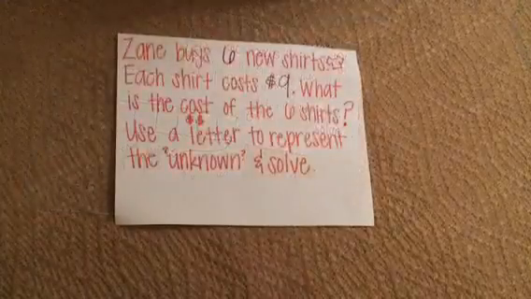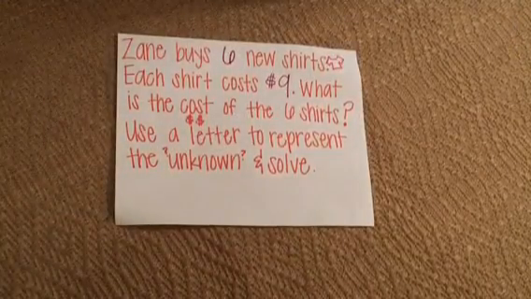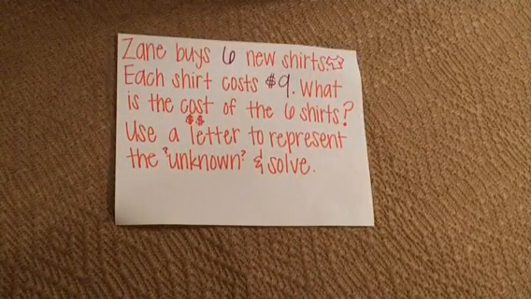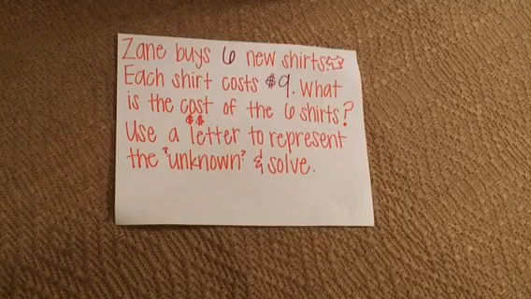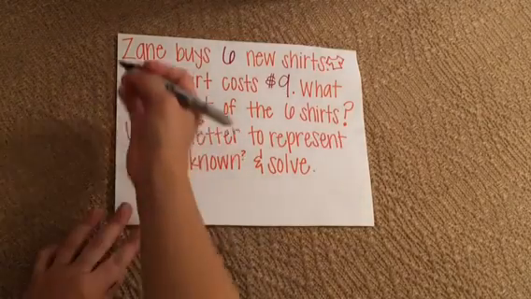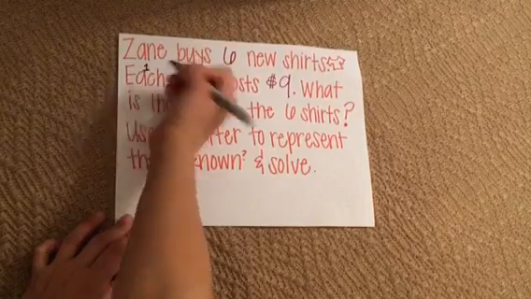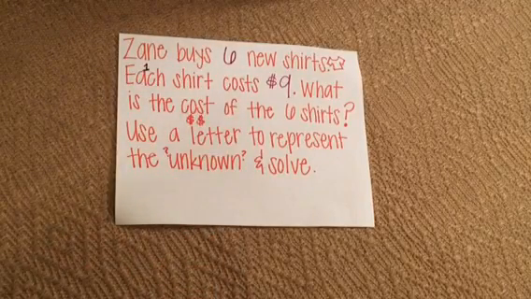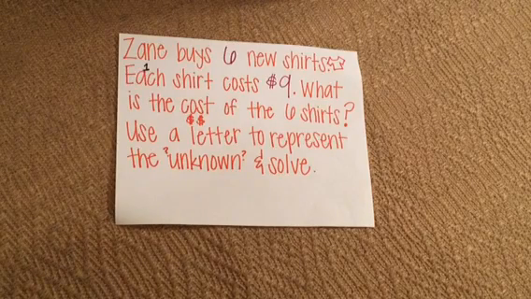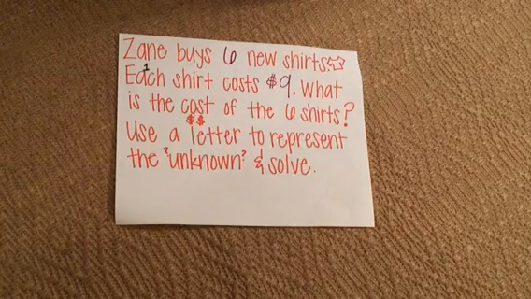Okay, next problem. Zane buys 6 new shirts. Each shirt costs $9. And we know that each means 1, so 1 shirt costs $9. What is the cost of the 6 shirts? Use a letter to represent the unknown and solve.